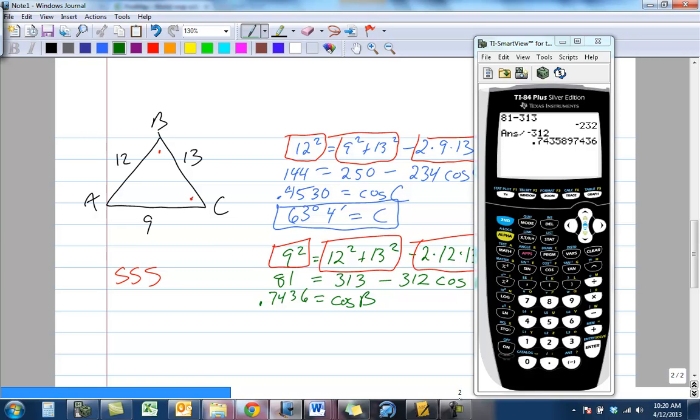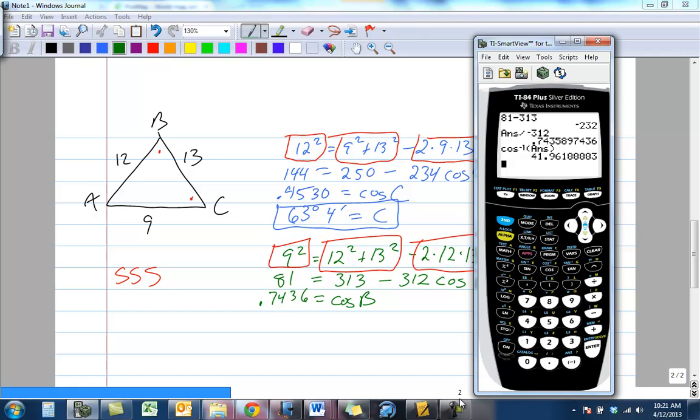So hopefully you got to at least 0.7436-ish. It's cosine of B. Inverse cosine of the answer. You should get 41.96. But again, this is an angle, so DMS it. 41 degrees.